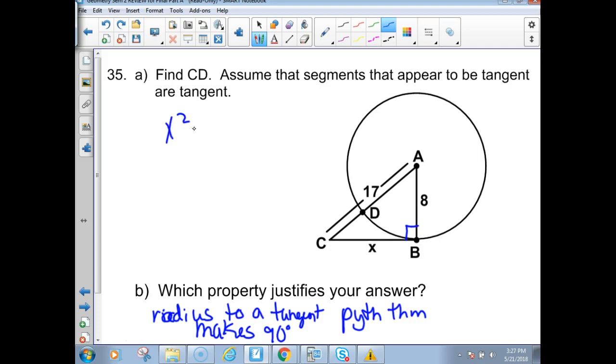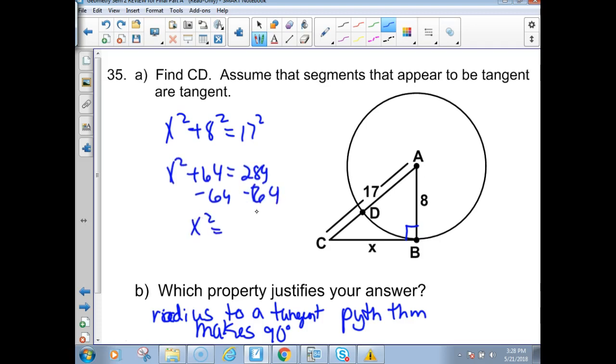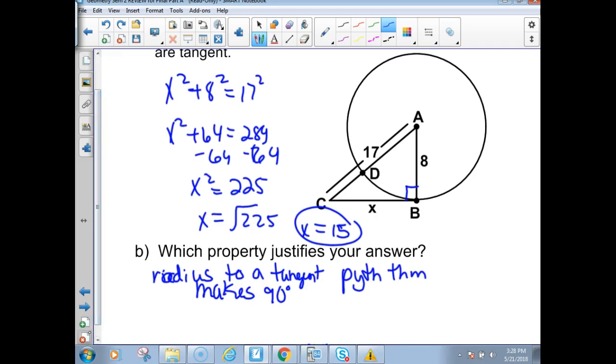So x squared plus 8 squared equals 17 squared. Subtract 64 from 289. What is that? 225? Take the square root. And that should have been 15. Radius to a tangent makes a 90-degree angle, and we use the Pythagorean theorem.